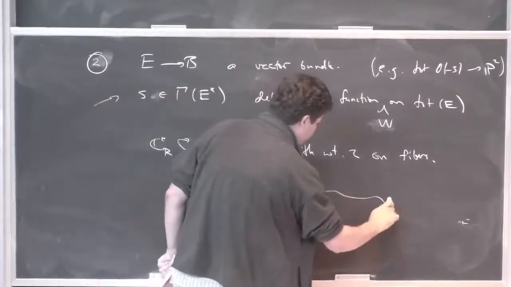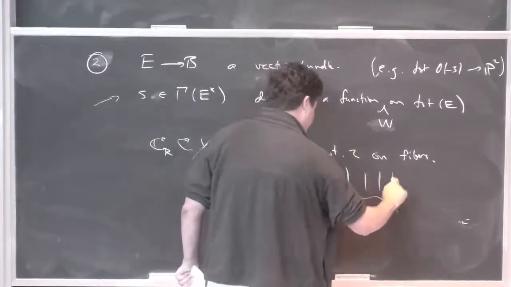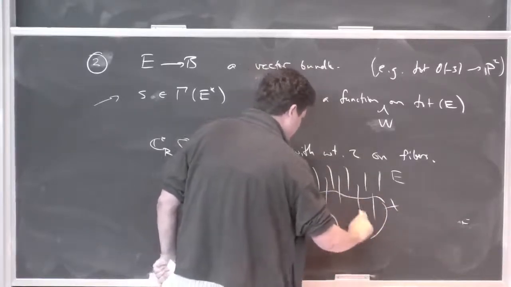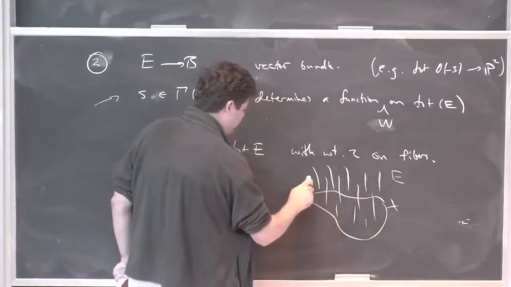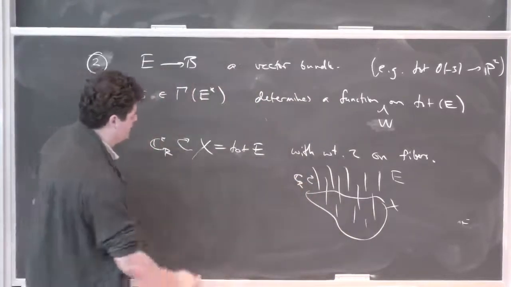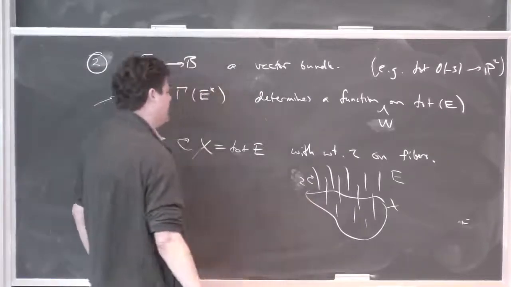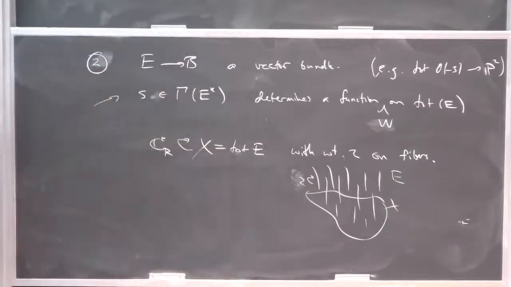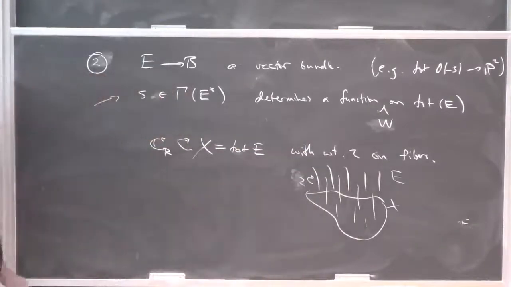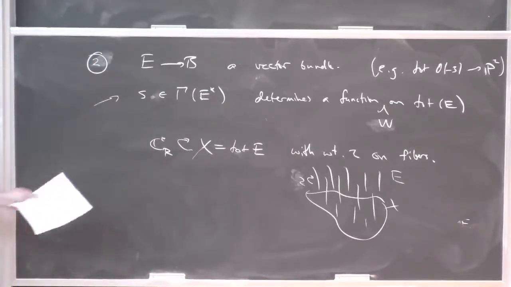Right, so here's X. Here's the total space of E. Maybe X is a bit bigger, and we're just rescaling the fibers with weight 2. So of course -1 does nothing. And if you think about it, because this function W was linear on the fibers, now it has weight 2 with respect to that C star R action.